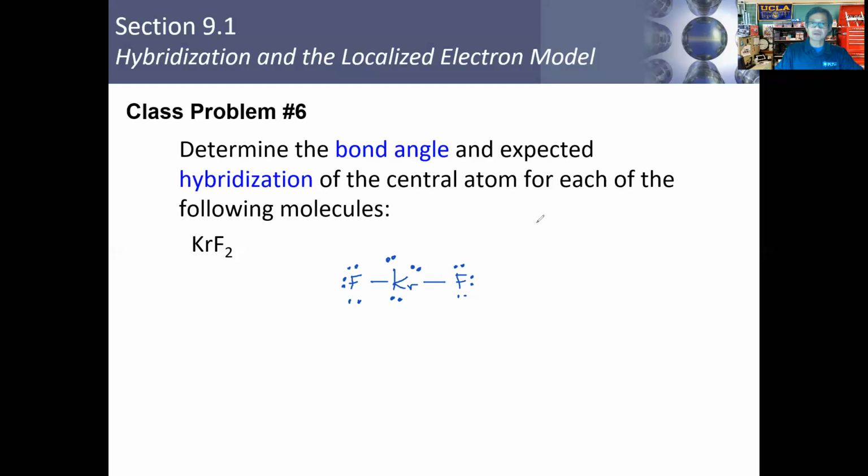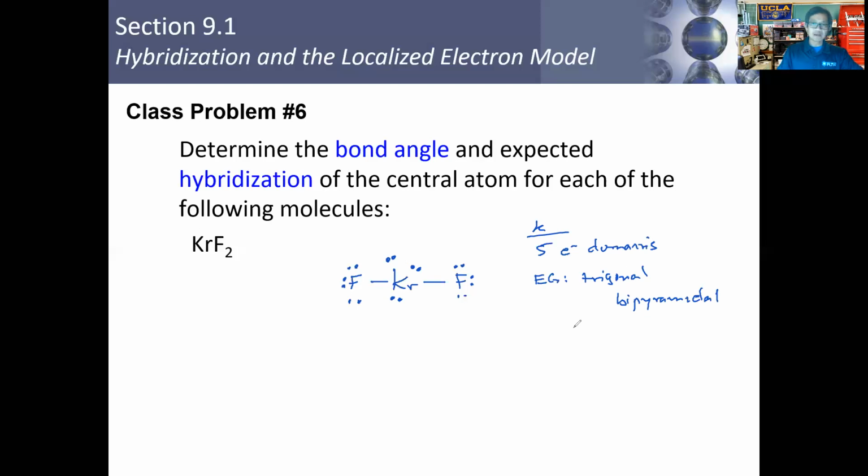Those 5 electron domains give us an electron geometry, and remember this, of trigonal bipyramidal. So you have 5 locations for these electrons to go, all of them degenerate.